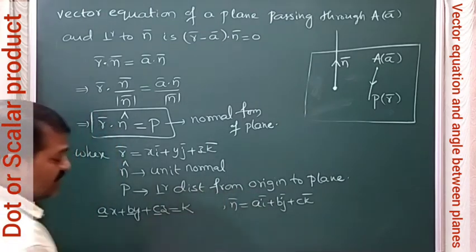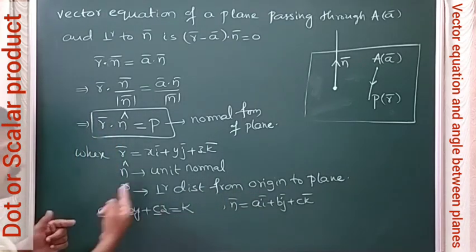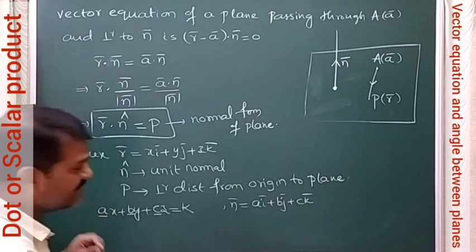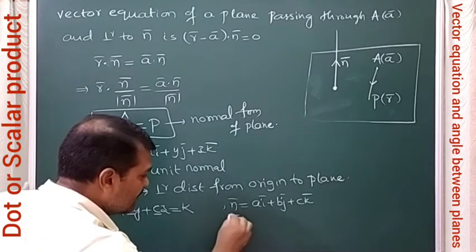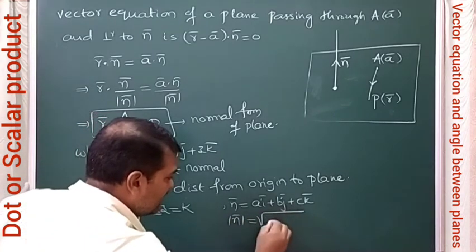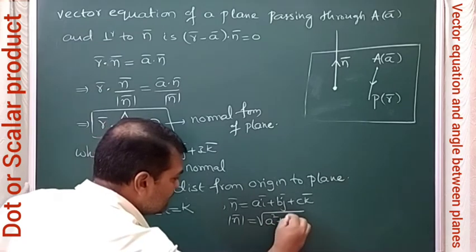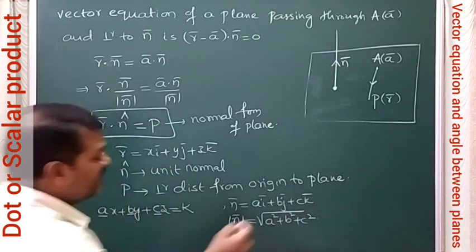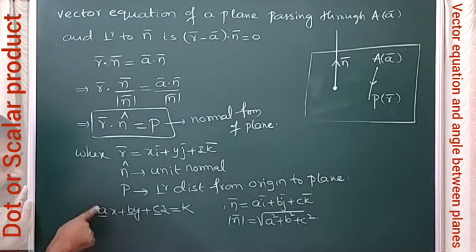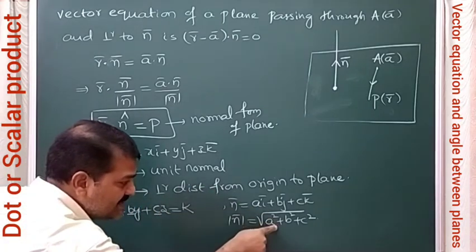By seeing the coefficients of x, y, z, we can identify n bar. So what is the modulus of n bar here? The modulus of n bar is under root a square plus b square plus c square. So whenever you have the Cartesian form, you divide with this.